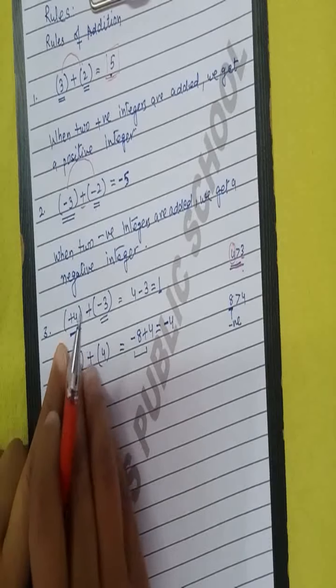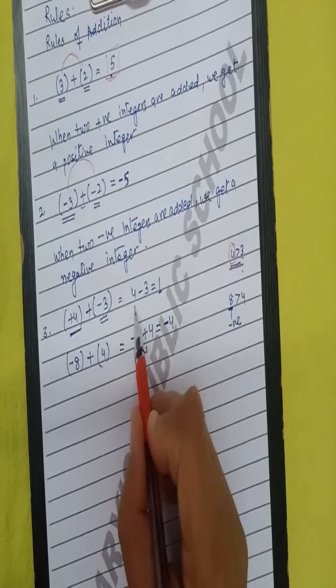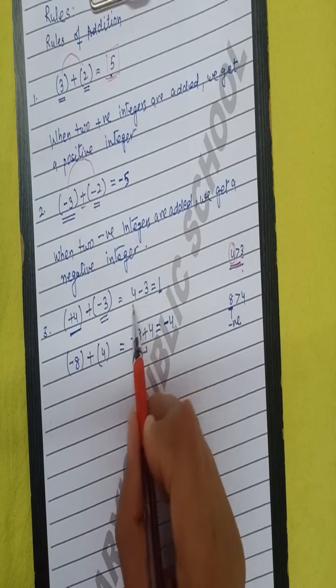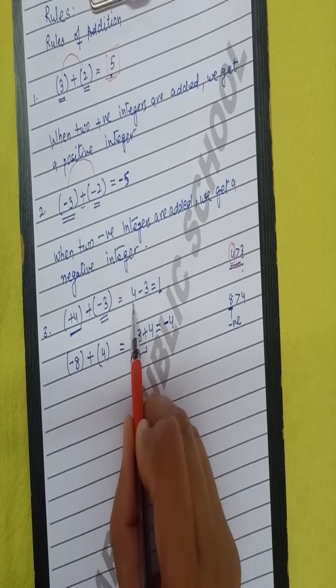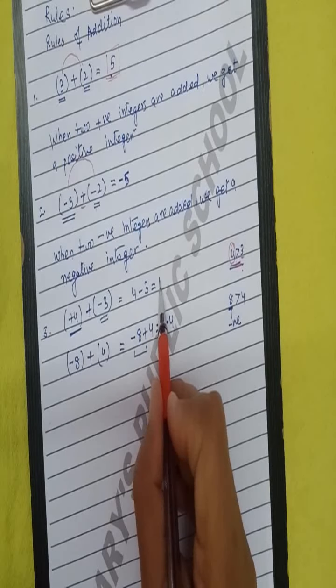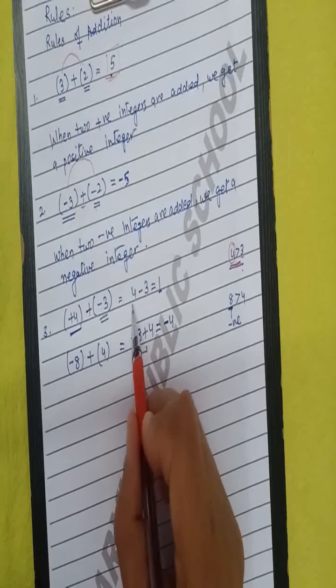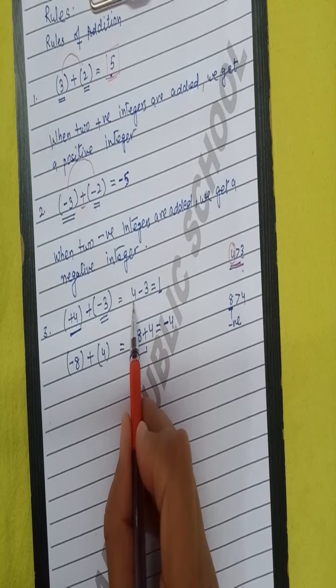When we remove the brackets, the question is 4 minus 3. One is positive and the other is negative, so we have to subtract them, and we get the difference 1. Whether 1 is negative or positive depends on the number which is greater.